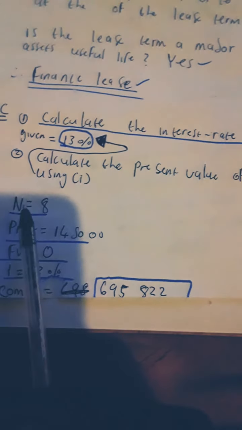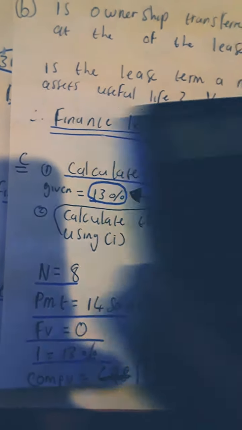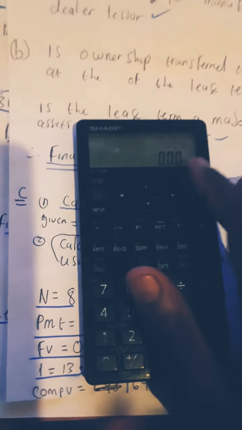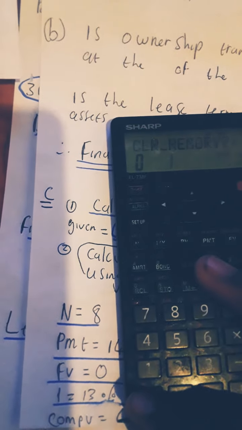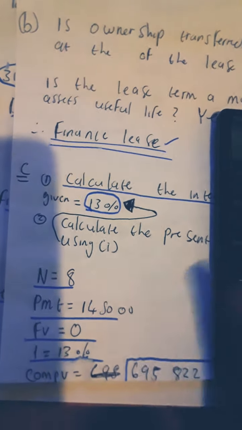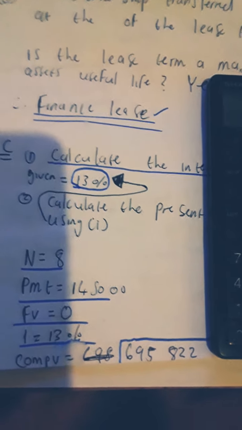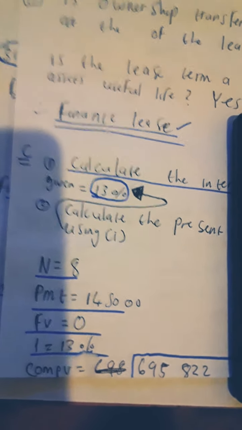The second thing we calculate is the present value of the lease liability, using the given implicit interest rate. As I would always advise with this type of calculation, when you get your calculator on, first clear the memory so that previous calculations don't interfere with your current calculation.